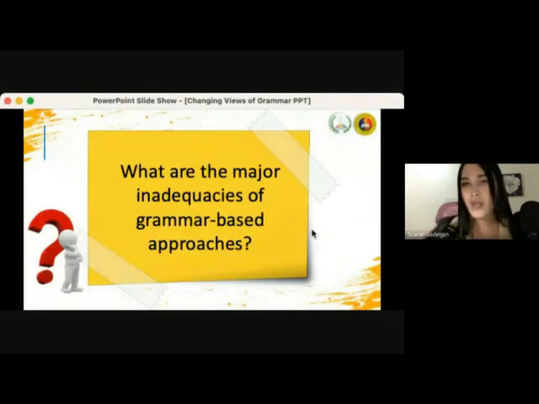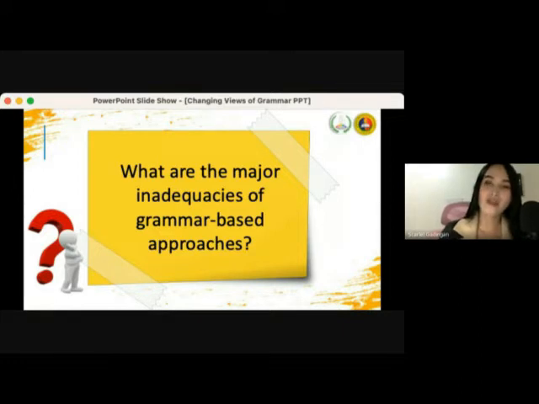So what are the major inadequacies of the grammar-based approaches, based on your understanding and working knowledge about it? What are the downsides of grammar-based approaches?